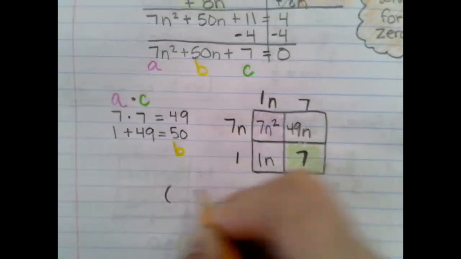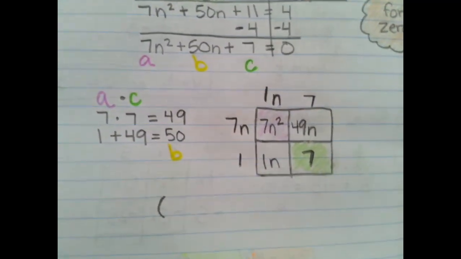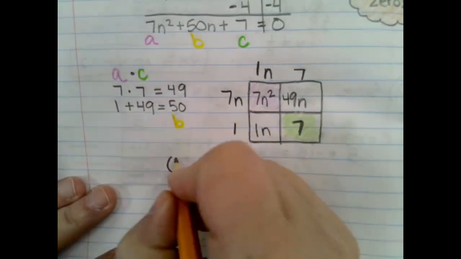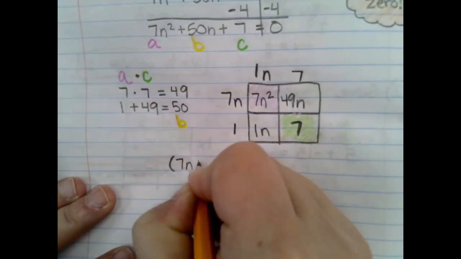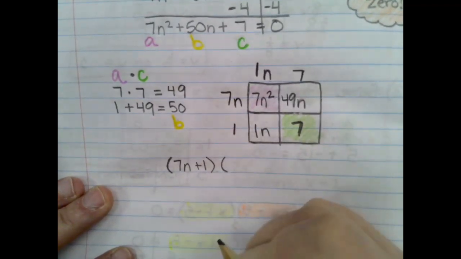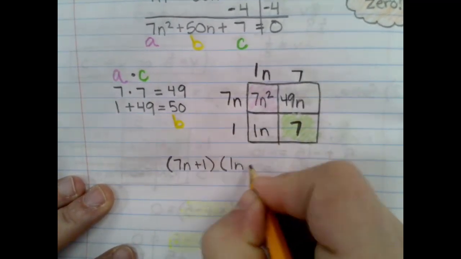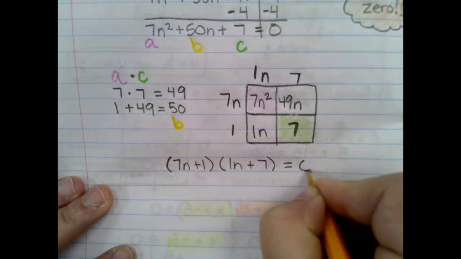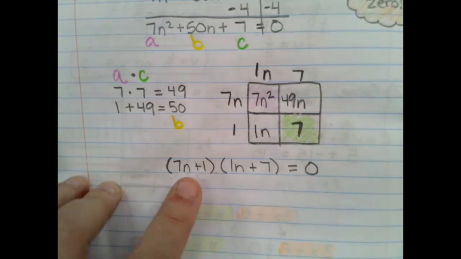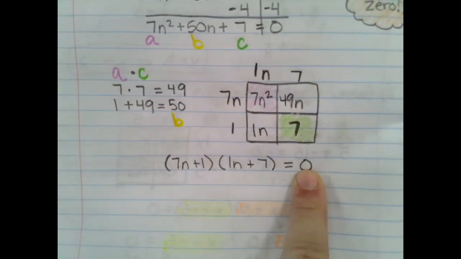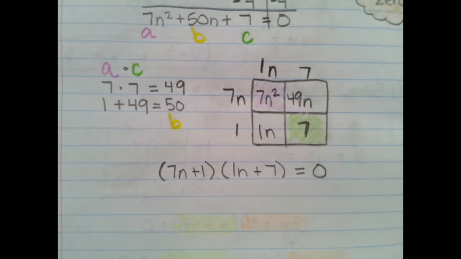Alright, so now we have our binomials. What goes in our first binomial? 7n plus 1. And the second is n plus 7. We have to remember that at the beginning we said this whole thing was equal to 0 because we took time to make sure it was equal to 0.